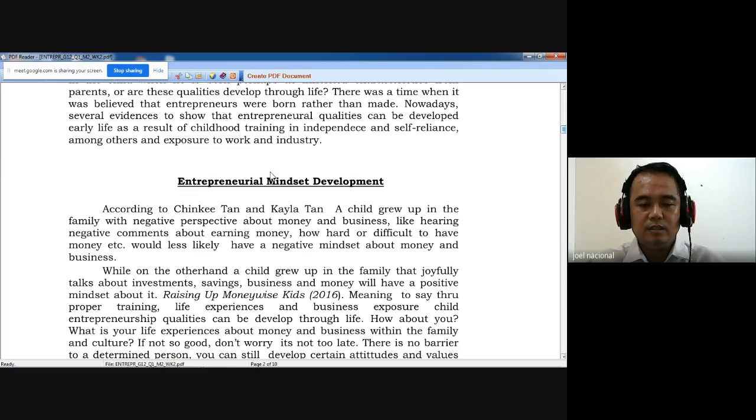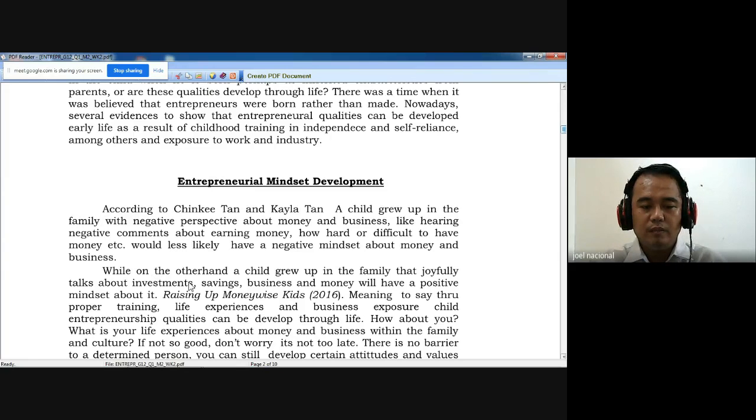And then on the next topic, entrepreneurial mindset and development. According to Shinki Tan and Kaila Tan, children who grew up in a family with a negative perspective about money and business, like hearing negative comments about earning money, how hard or difficult it is to have money, would more likely have a negative mindset about money and business.